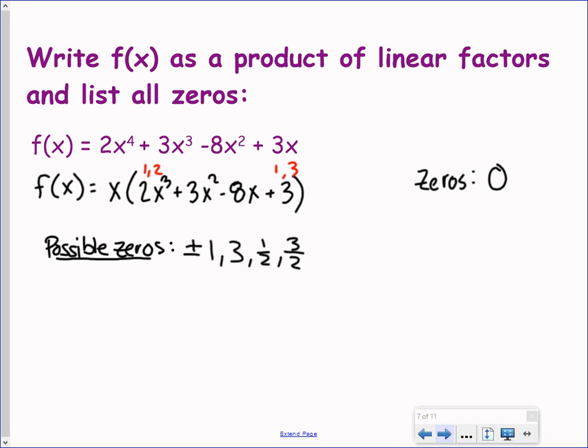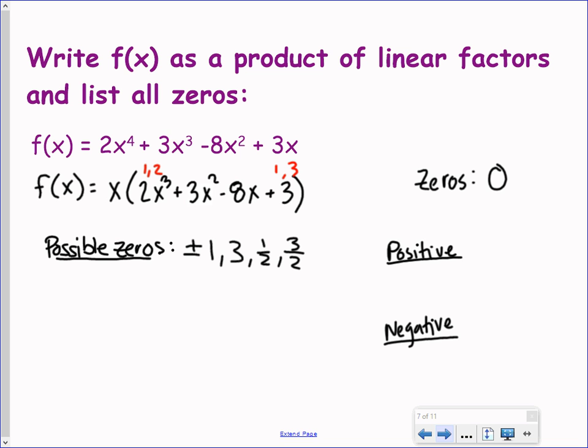Now, you could go straight into guess and check here. The other option you have is to think about Descartes and consider what are the possible numbers for positive and negative zeros, because then if you find out one of them doesn't happen, like you have 0 positive zeros, then I wouldn't check any of the positive zeros.